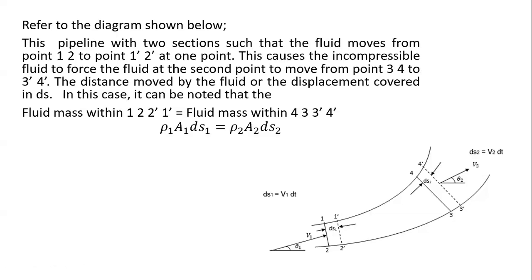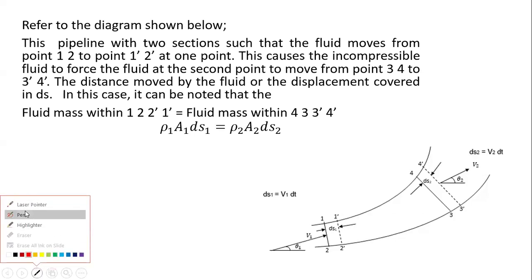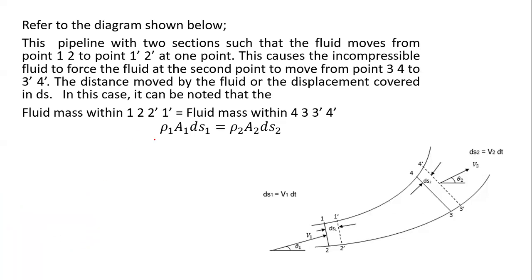So if you go back now to this, we know that density is mass per unit volume. So if I'm looking for mass, I should multiply density times volume. Here I already have density, then the volume is this product of cross-section area by that displacement. So this gives me mass 1.